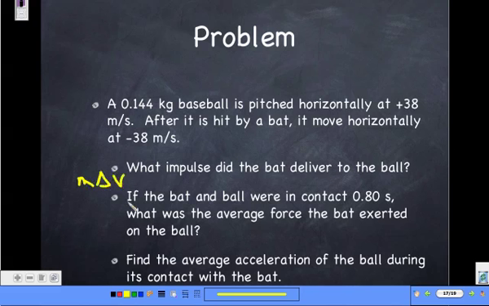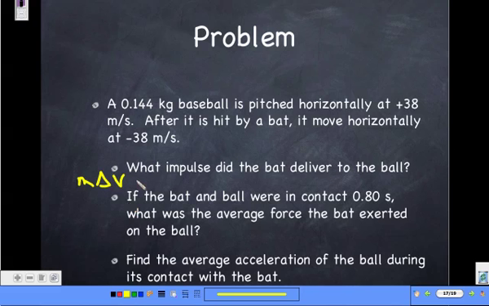Yes. Because our impulse, you can use either F delta t, but we don't know force or time. We can use m delta v, which we do know, and you can also use just the change in momentum if you know the two momentum values.